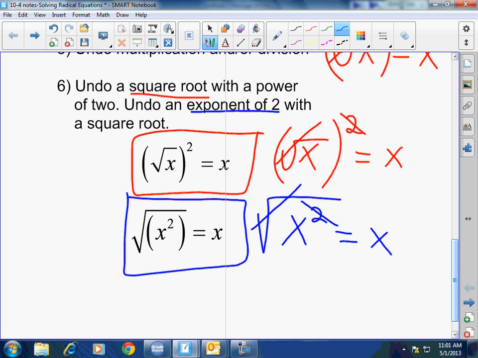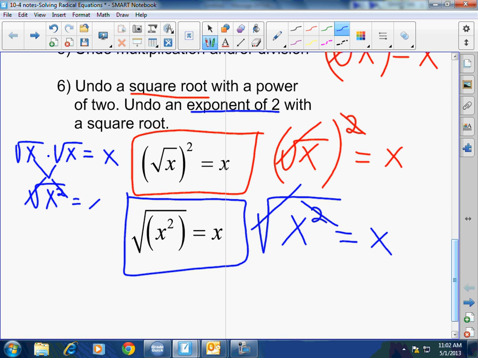Remember that I've been repeating to you guys, whenever you multiply the same radical, it equals the radicand. Let me show you why. Square root of x and square root of x have the same index, so I can multiply them. So I'm going to have the square root of x squared. Doesn't the square root cancel a power of 2?